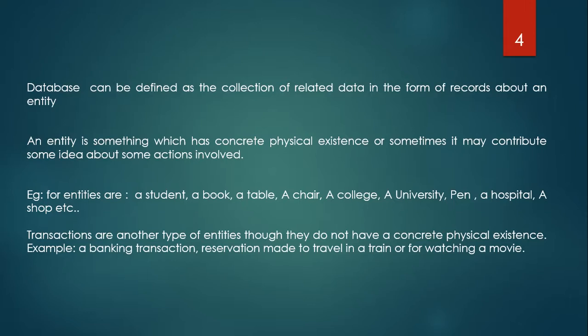This reservation concept says that a person is going to travel by this train in this particular compartment, and will be allotted this particular seat. We just cannot see a reservation. That way, a transaction can also be an entity. So entities are of two types: those having concrete physical existence, and those providing a certain concept or some effect.